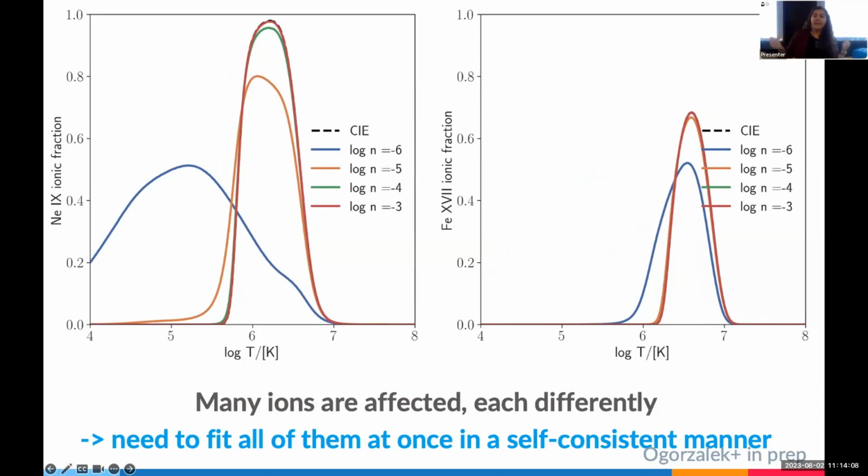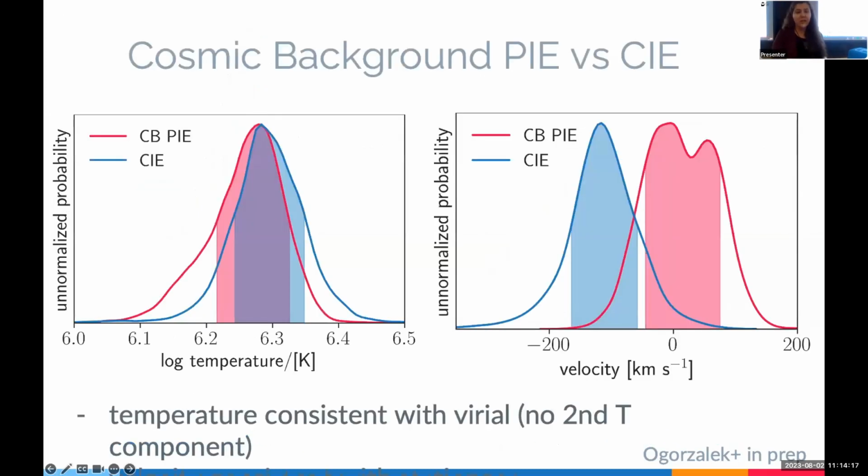Okay, so let's see what we can learn about the properties of the hot halo of the Milky Way and how these measurements compare to the typically assumed collisional ionization. We show the physically correct measurements in red, the ones that include the photoionization by the cosmic background, and the collisional ones for comparison in blue.